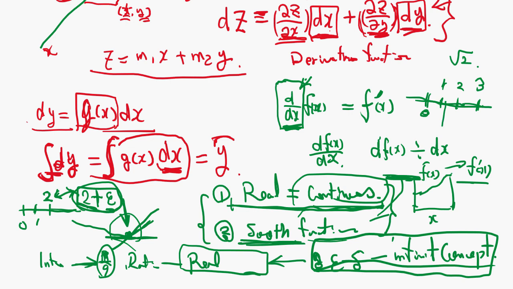Okay, the square root of 2 is somewhere around here, but it's larger than the rational number next to it and smaller than the rational number on the other side. That means the rational numbers have a gap in between. This number is proof there is a gap. It's not continuous.